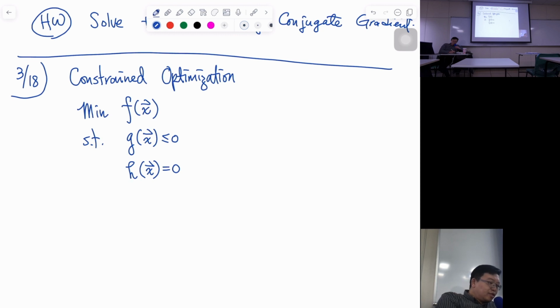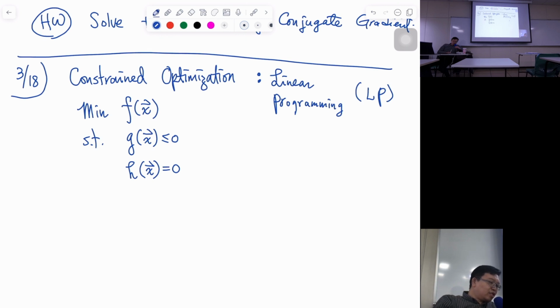Okay? So there is the simplest method for constrained optimization, which is called linear programming, so-called LP. Today we're going to cover how to do LP.